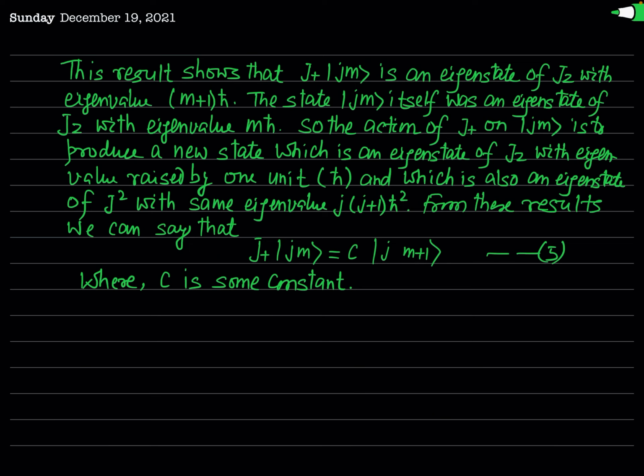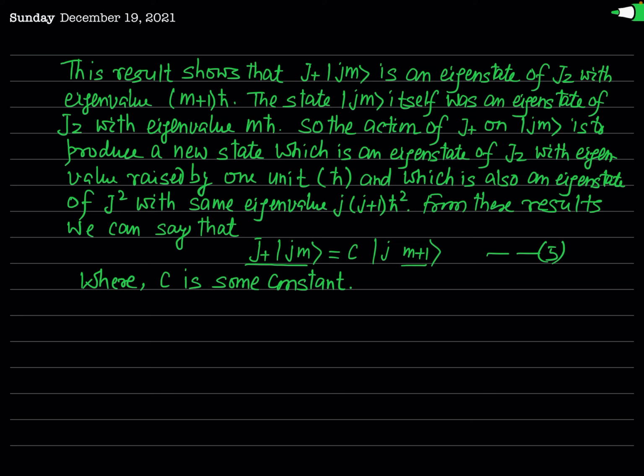So from these two results we conclude that J+ |k, j, m> can be written as a constant c times |k, j, m+1>, because the eigenvalue has been increased by 1 unit. So you can see instead of m we should now write m+1.